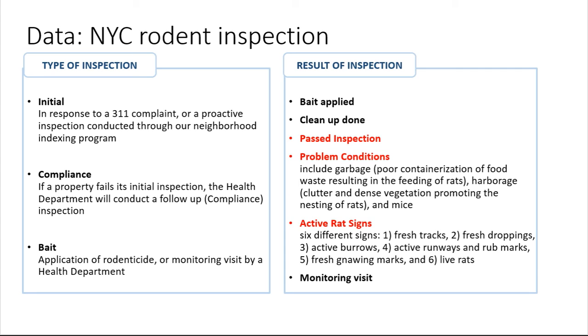And the third one is bait, which is the application of rodenticide or just simply monitoring. For the second variable, we have three important categories, which are past inspection, problem condition, and active rat signs.